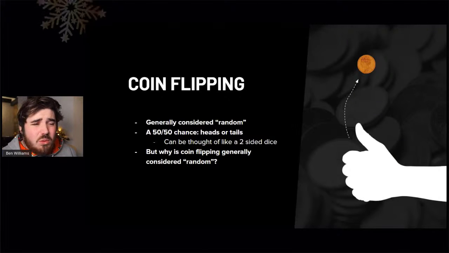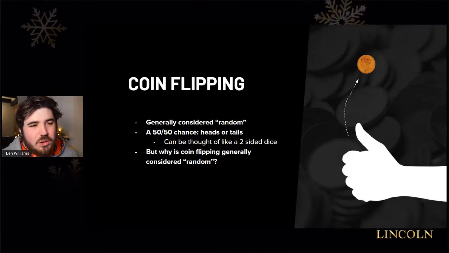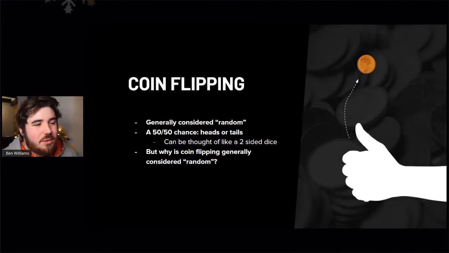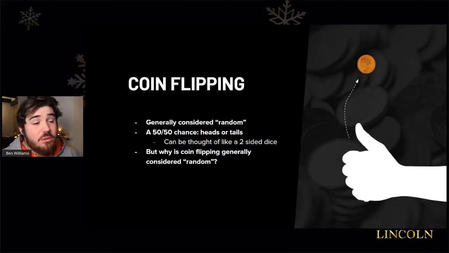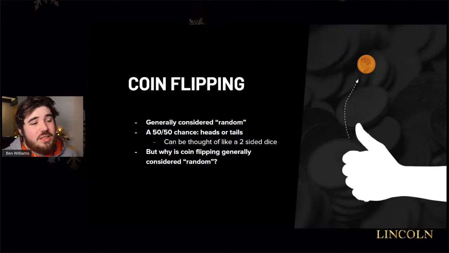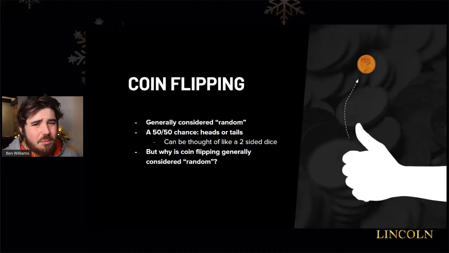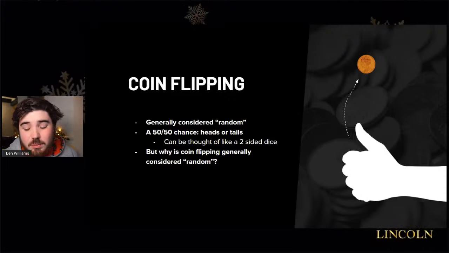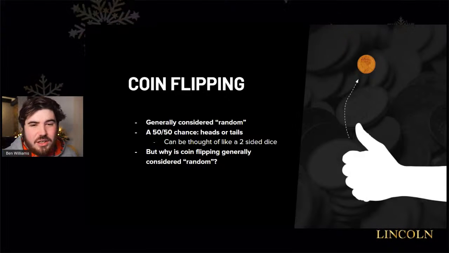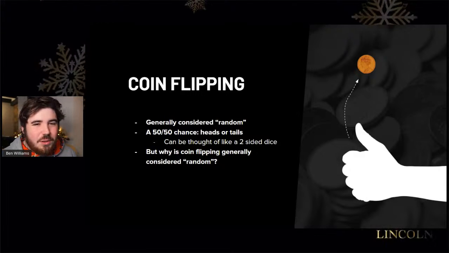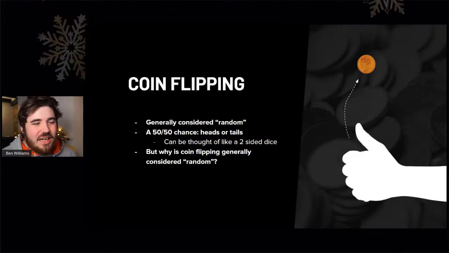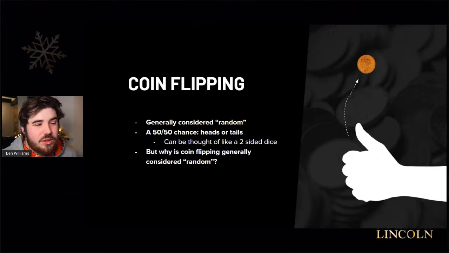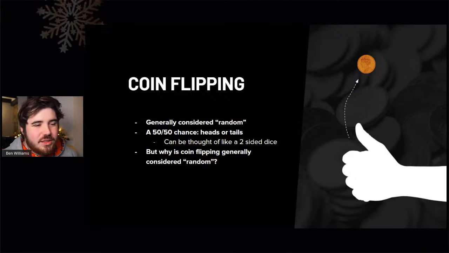So to talk about what randomness is, I want to go back to one of the most ubiquitous examples of randomness, and probably the most popular one you can think of, which is coin flipping. We consider coin flipping generally as a random process. I suppose there have been papers that show that humans actually flip coins very predictably, and we can kind of get how we can predict the result of a coin toss based on the angle and the distance and so forth.